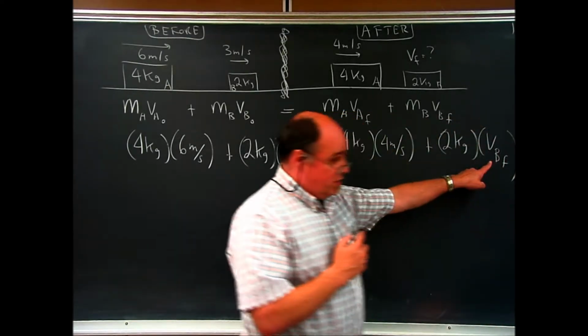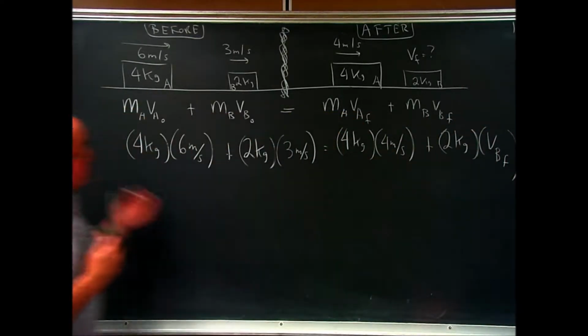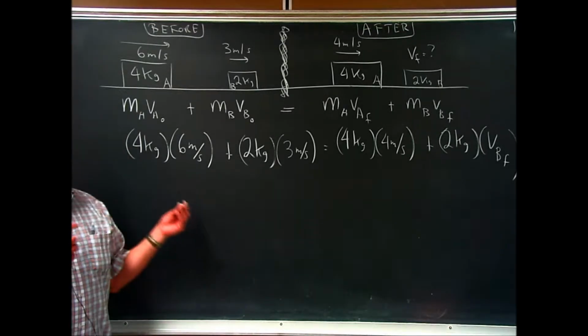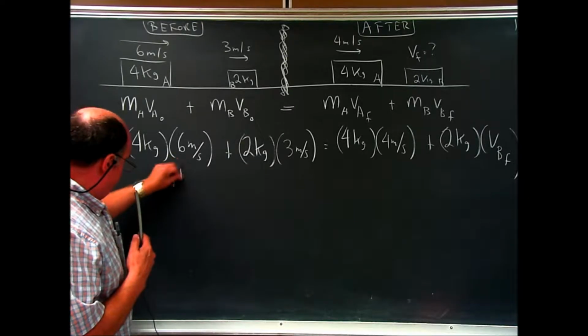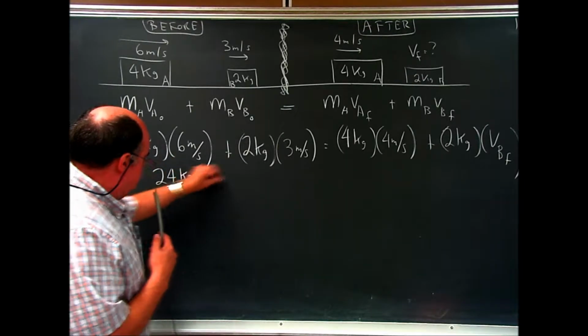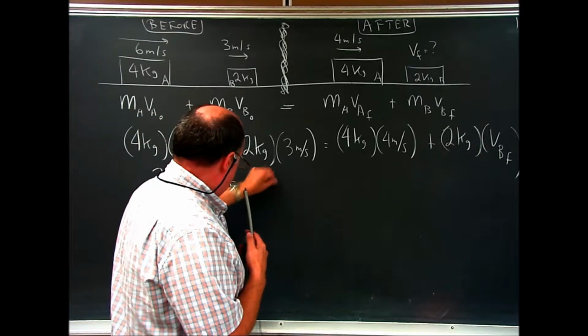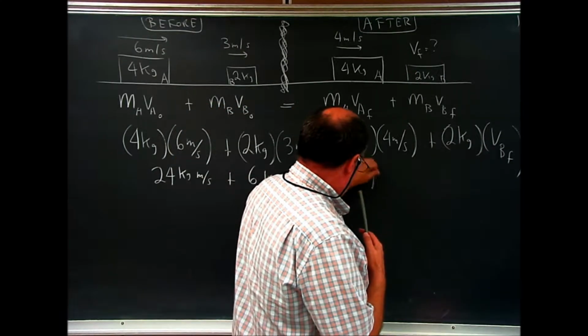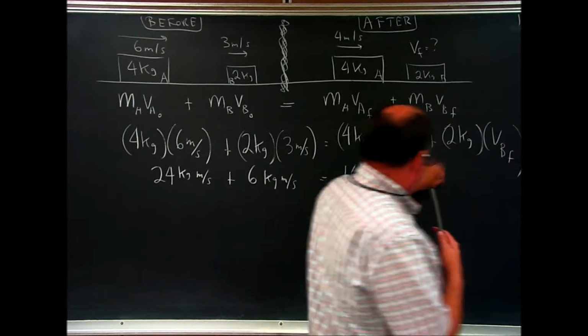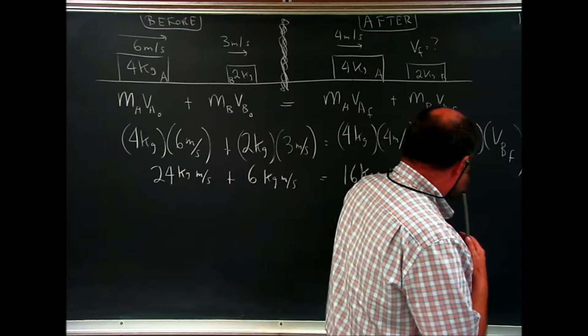So this is the thing we don't know right here. The math there doesn't look too complicated. Just plug everything in. So this is 24 kilogram meters per second, plus 6 kilogram meters per second, and this is 16, and this is 2 kilograms.